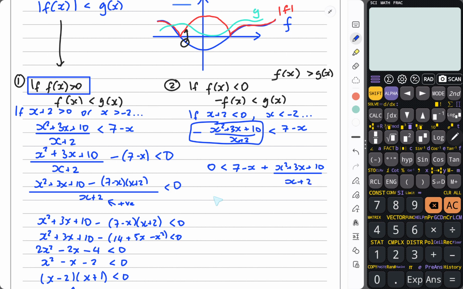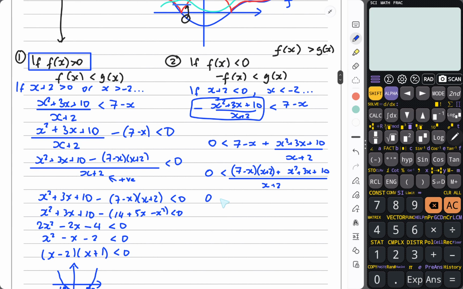I'm going to get a common denominator, so (7 minus x)(x plus 2) divided by x plus 2. And I need my plus x squared plus 3x plus 10. And then I'm going to get 0.